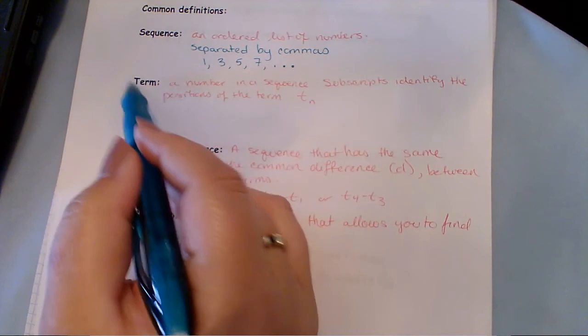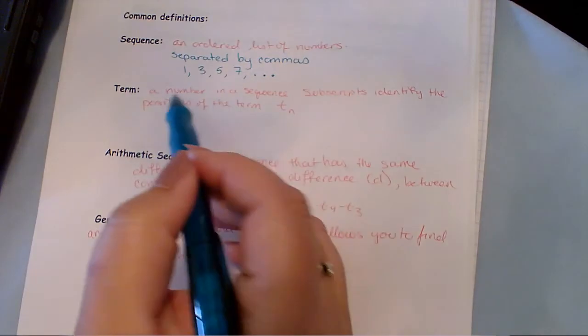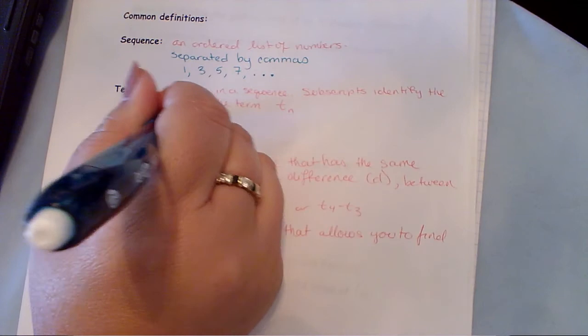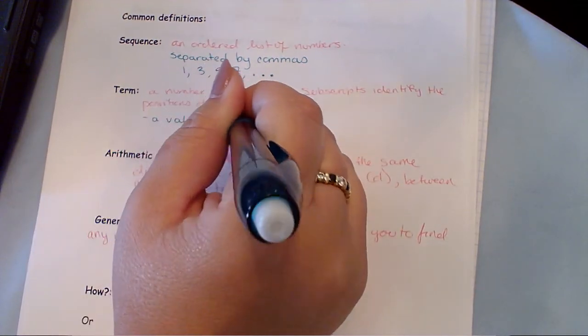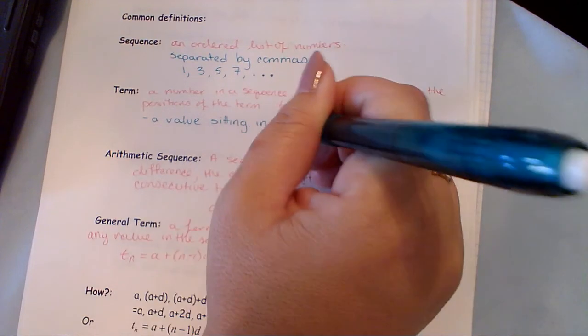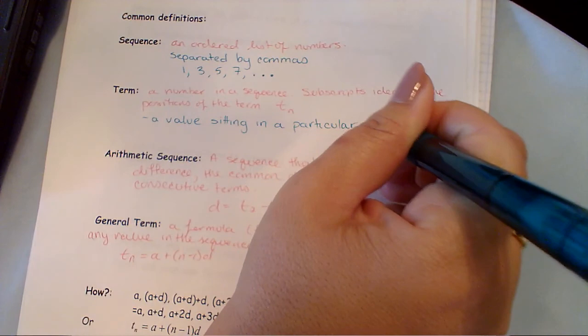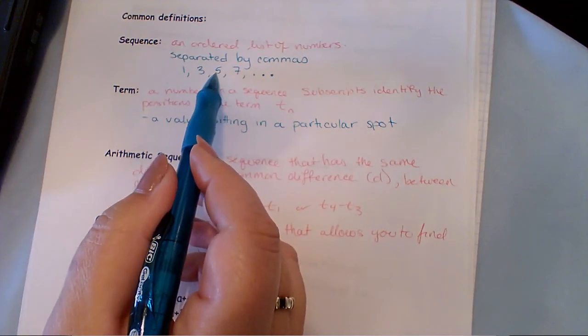The word term is a particular value. So it's a number in the sequence, a value sitting in a particular spot. So term 3 has the value 5.